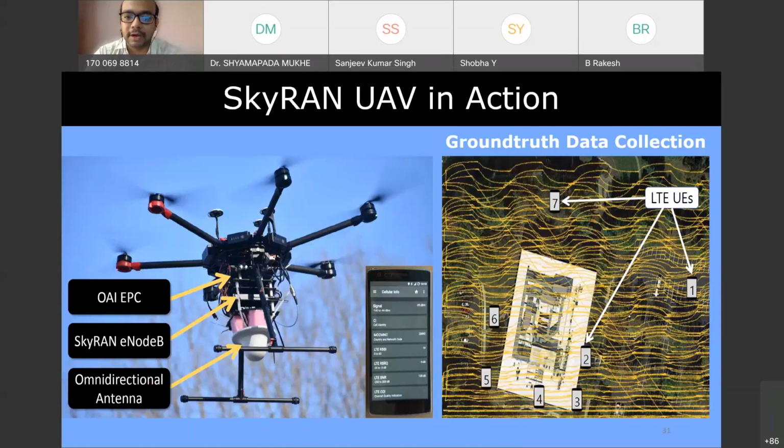You can look it up if you have interest in this domain, or want to research a little more on this. These are all open source tools that help you construct an LTE network of your own, and even have a phone connect to it. You can do a phone call using your own LTE network. It's just that what frequency you use is a little bit of a dicey question. You have to do it inside a lab, otherwise it becomes a sort of legal issue.